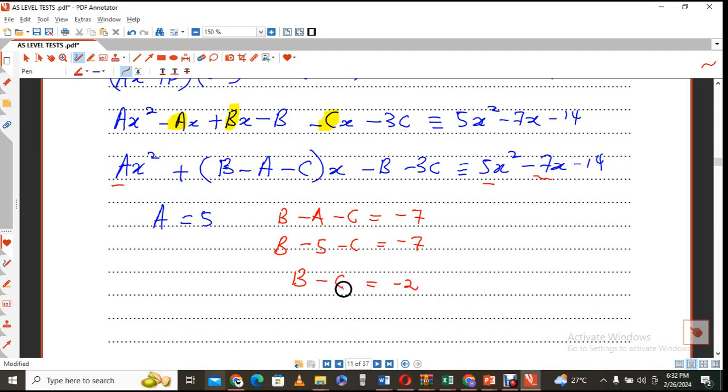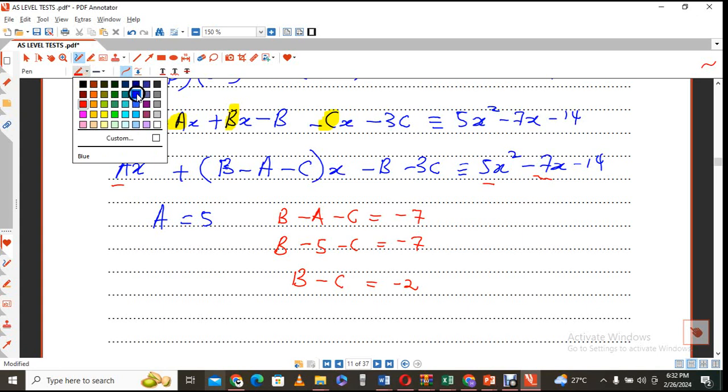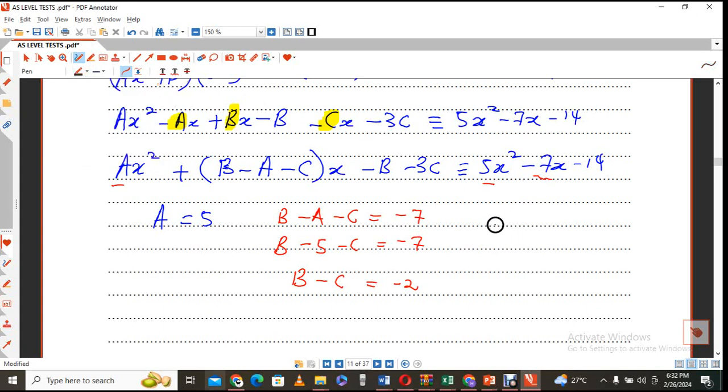So that's another equation. And what else do we know? We also know, maybe I bring this in using a different color, that if you look at the constant ones, you have minus b minus 3c.